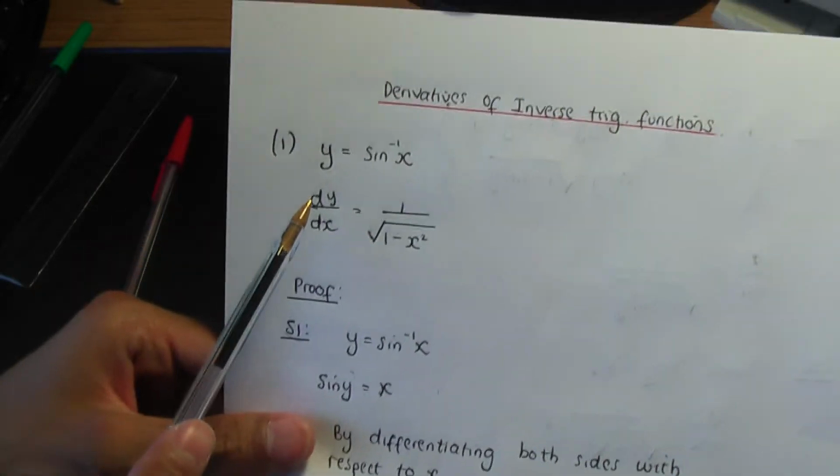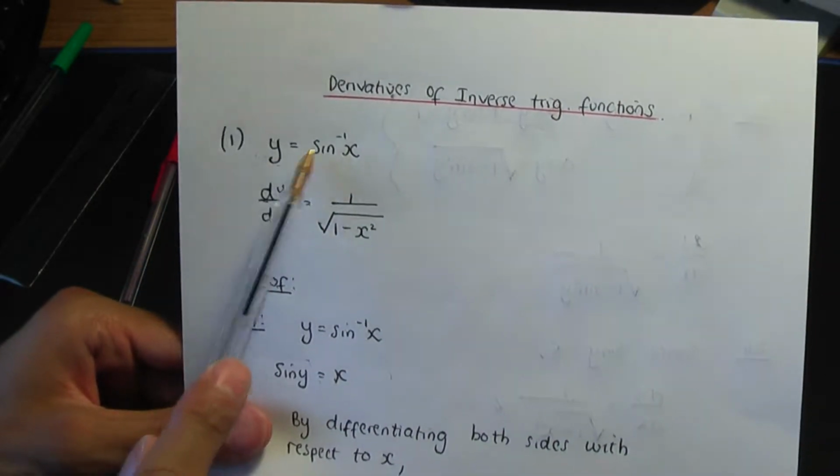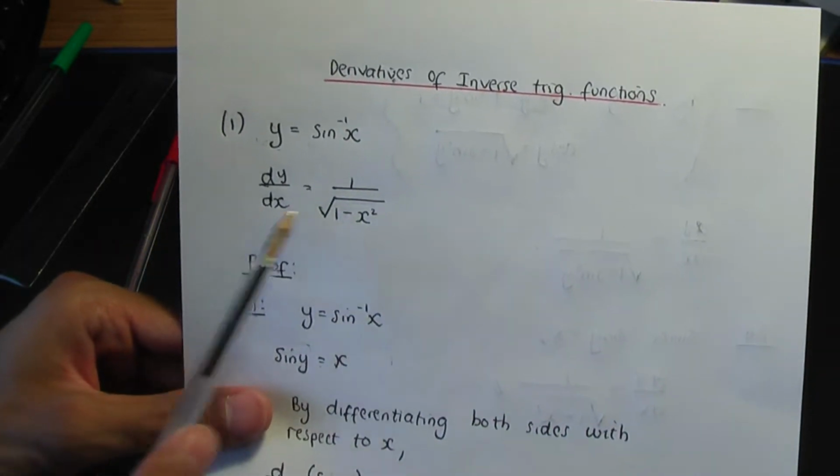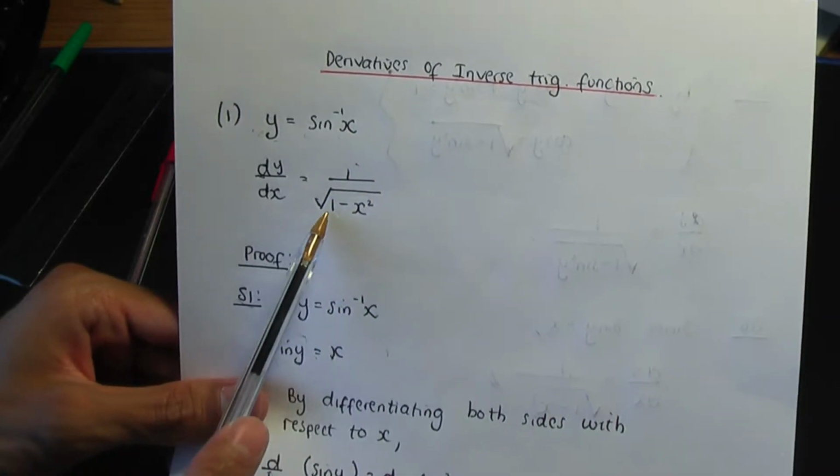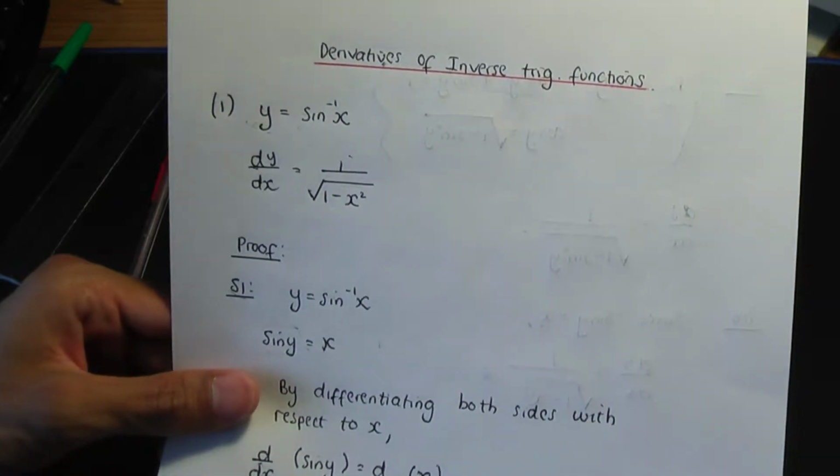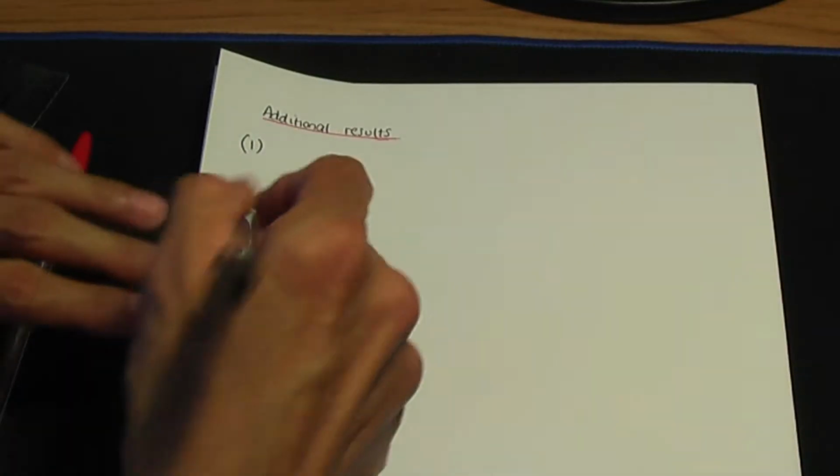So remember, in the previous video I said that if y is sine inverse x, dy by dx is 1 over the root 1 minus x squared. Now this result that I'm going to write down is based on that result.